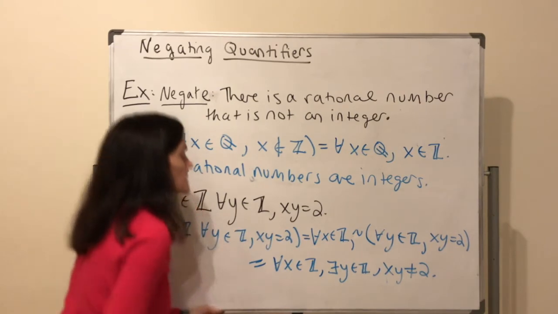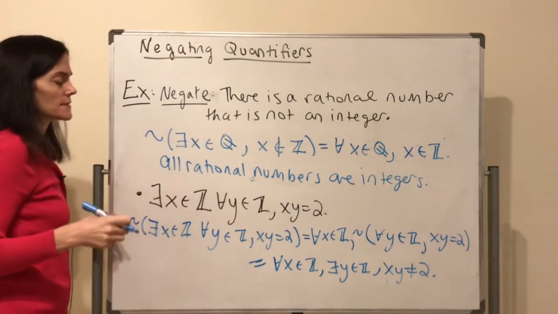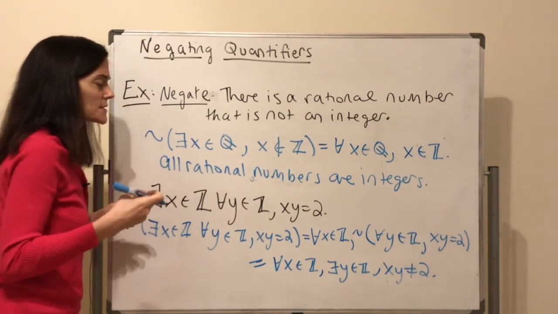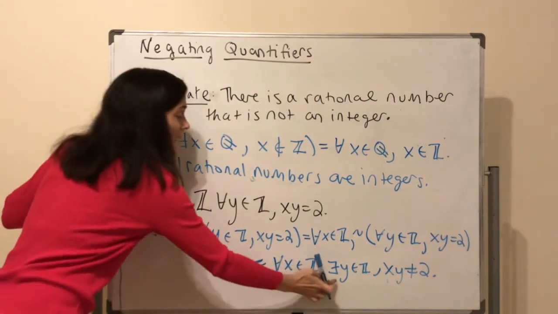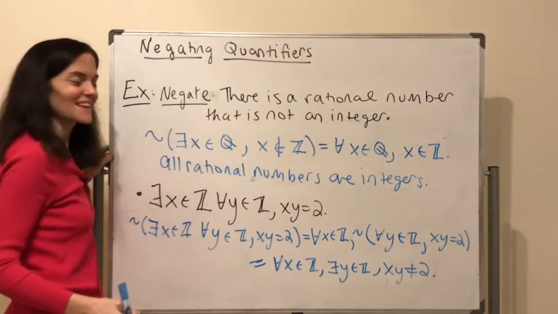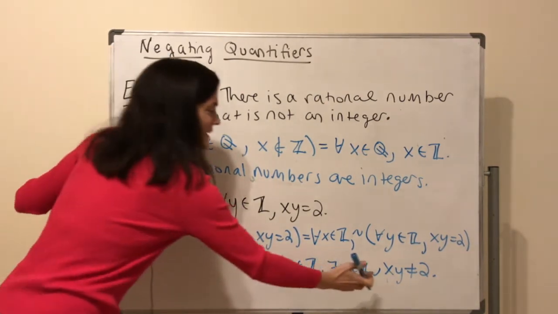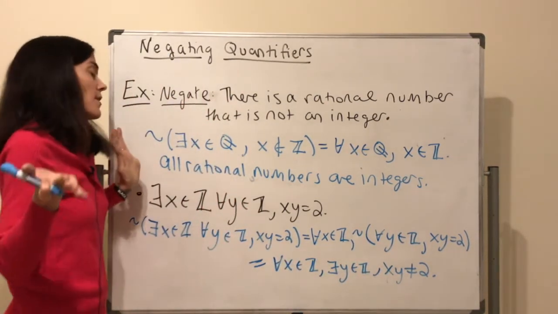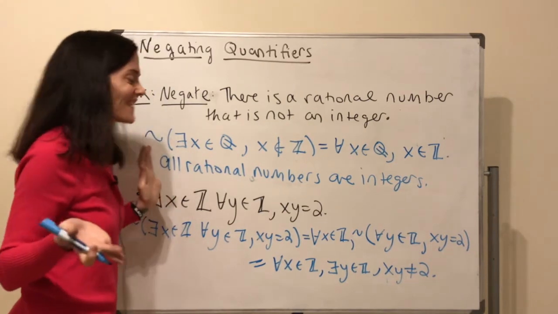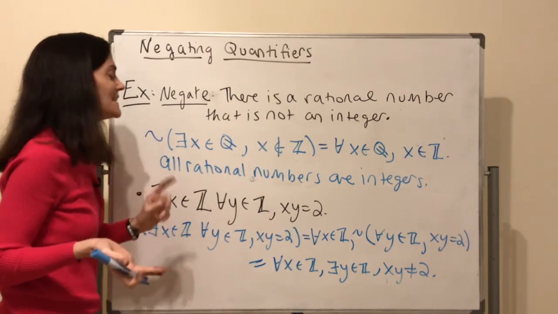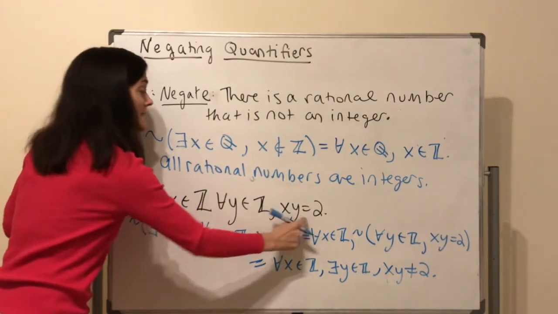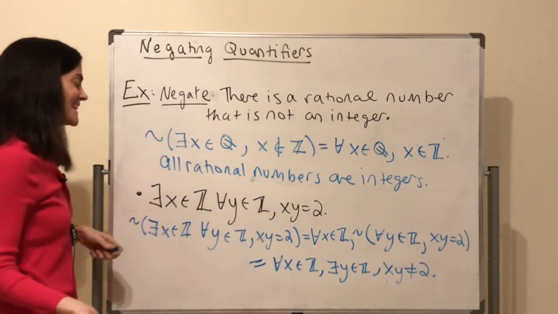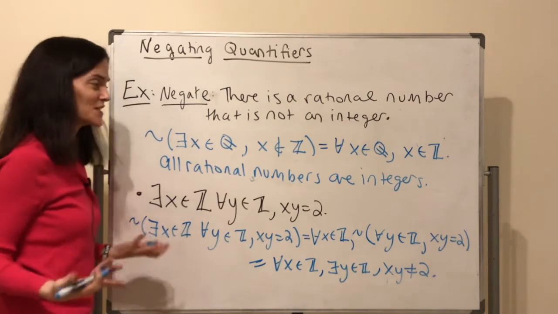So this statement, for all integers x, there exists an integer y such that xy is not equal to 2. Here y may depend on x. Well, yeah, you can just take y to be 0 and it doesn't even need to depend on x and it will work. But in any case, this is a true statement. And as we had mentioned, this one was false. When we negated, we got a true statement as we should.